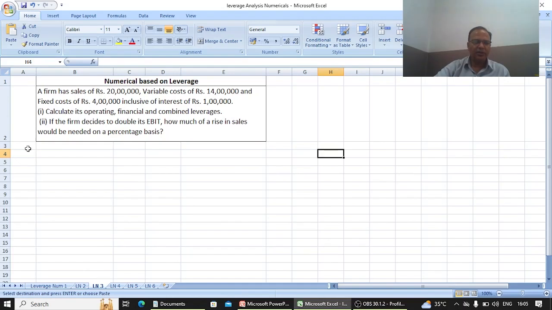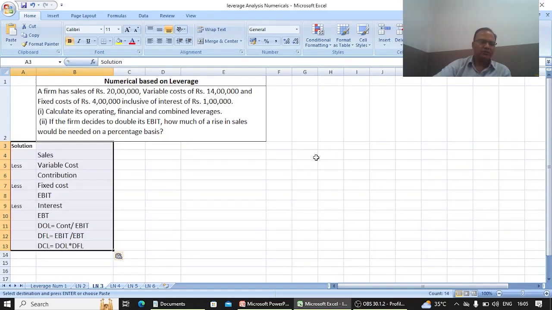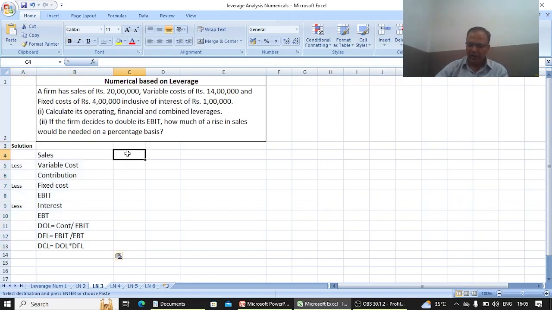This is question number 3. Simply, first of all, write down the format. Now, it is given in the question that a firm has sales of rupees 20 lakh. Write down 20 lakh.